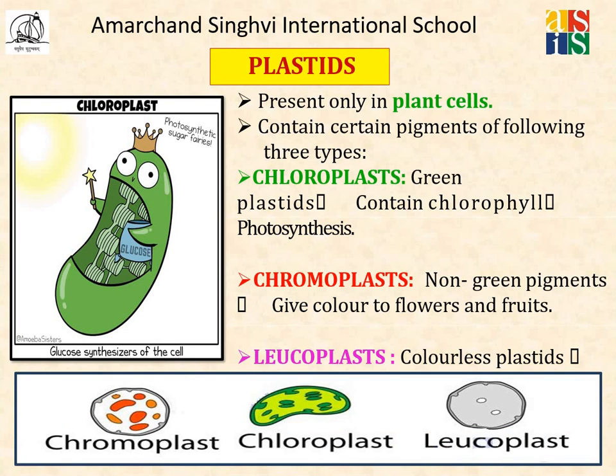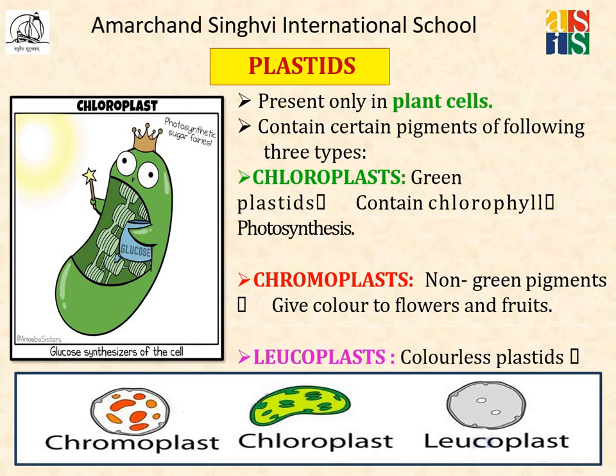The next organelle is plastids. Plastids are present only in plant cells. They contain certain pigments which can be of three different types. Chloroplasts are the green plastids because they contain the green colored pigment chlorophyll. Photosynthesis occurs in the chloroplast.